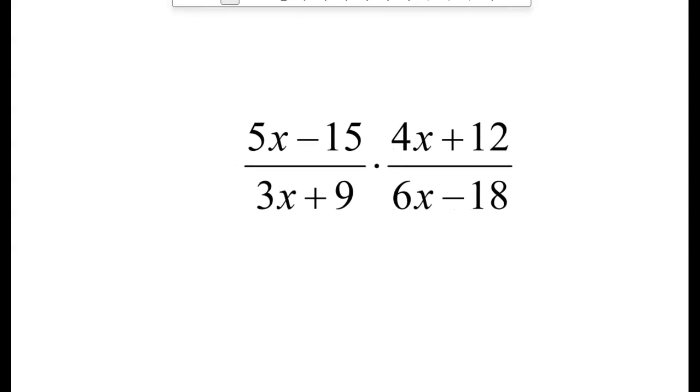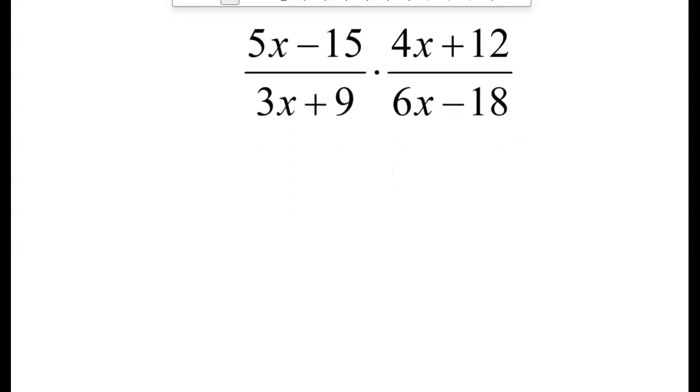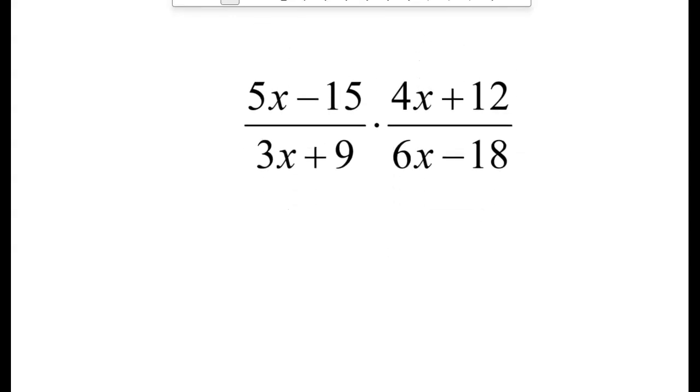All right. Now, I can't simplify any of this because there's no common factors. So when you're doing this, my friends, you need to factor each one of the parts. So when we're working with this, I know this is kind of a pain. So look at the first fraction. Can I factor anything out of 5x minus 15? Yes. So I get 5 times the quantity x minus 3.